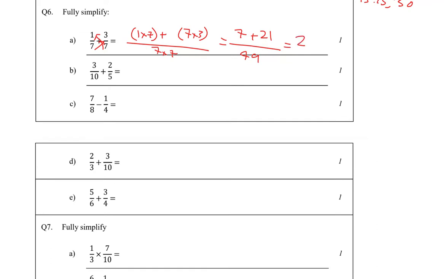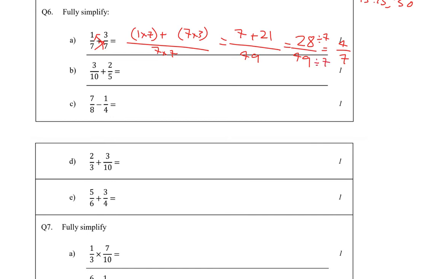So this gives 28 over 49, and we look for factors of 28 and 49. And we get 4 over 7, because we divide by 7, divide by 7.